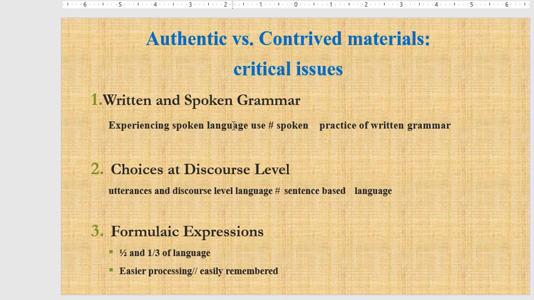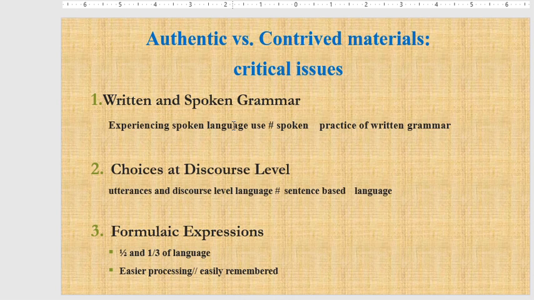But when, for educational instructional purposes, you want to teach speaking and listening or a spoken text, you need to contrive materials and produce passages, for example, dialogues.